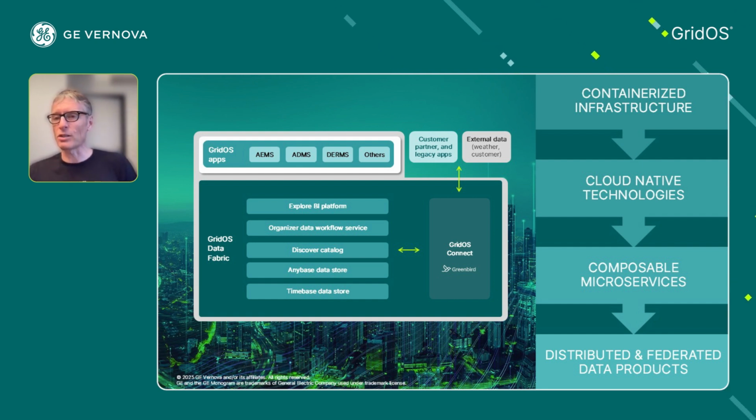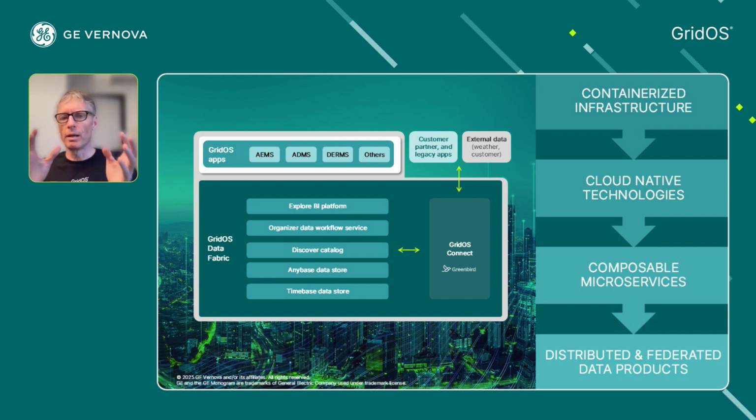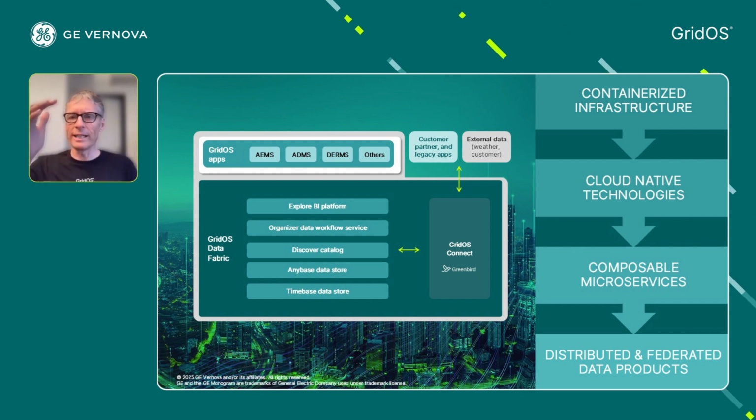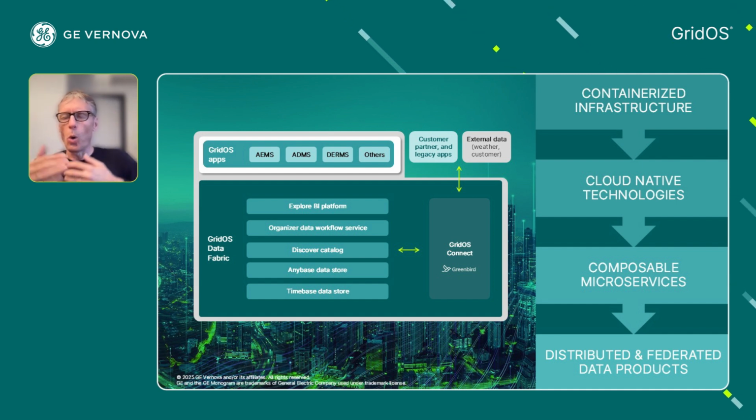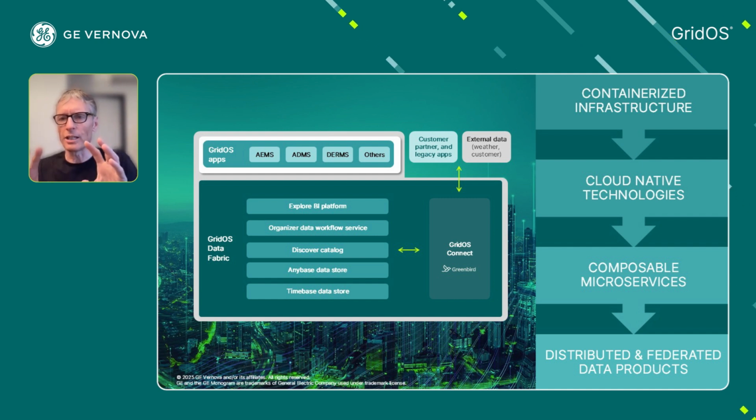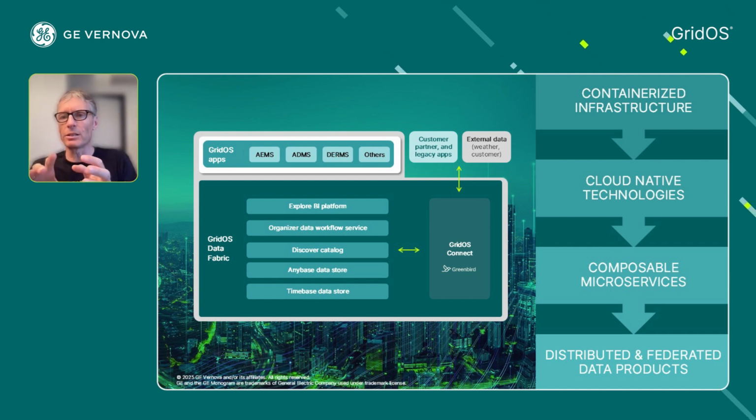GridOS Connect has also a set of advanced capabilities for error handling. So think about an ESB, a middleware purpose-built for utilities, providing also a huge set of templates to integrate with different CRM systems, with Salesforce, with different metering vendors, with different sensors, all the capabilities you typically on a traditional ESB would have to implement on top.